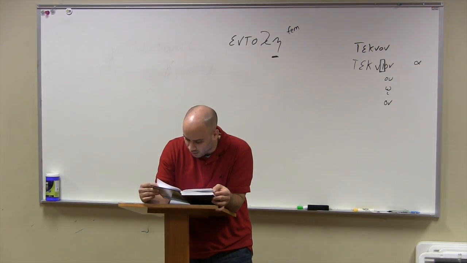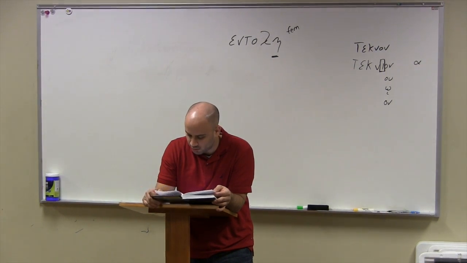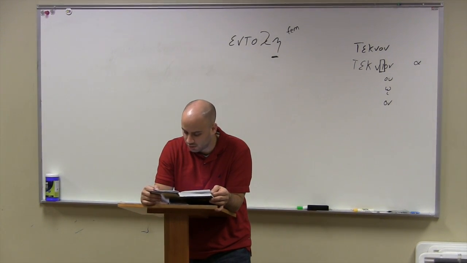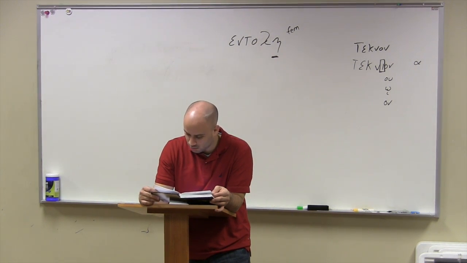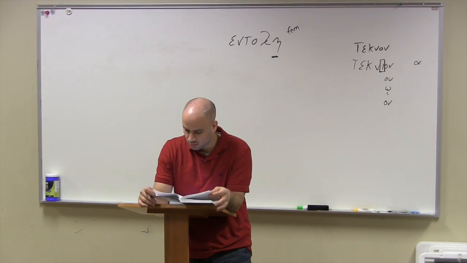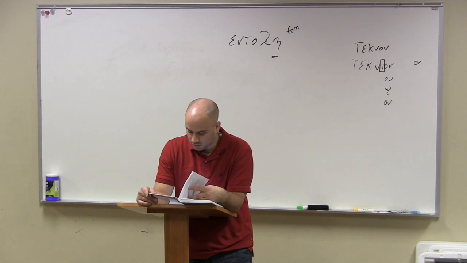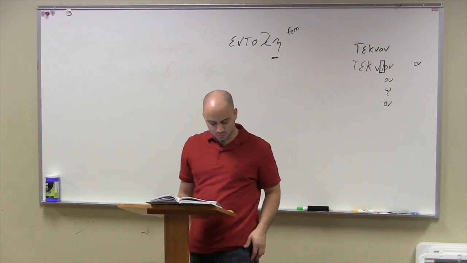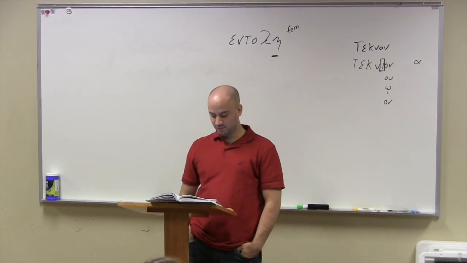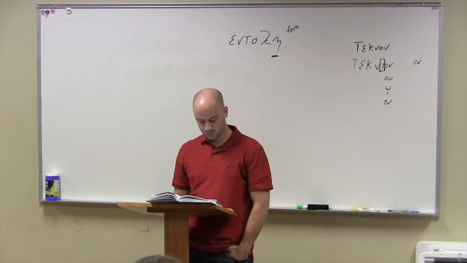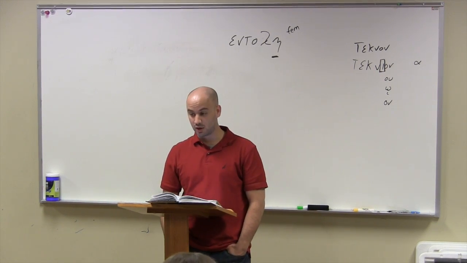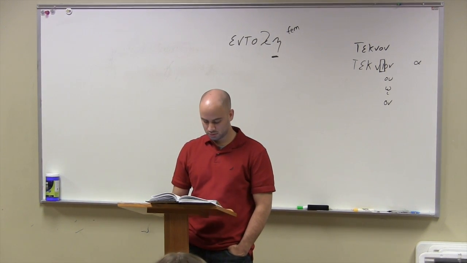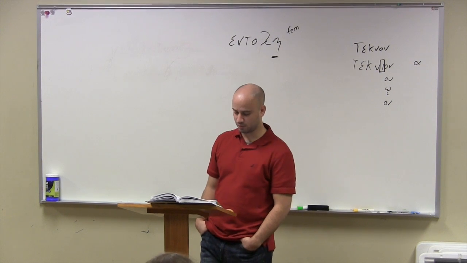Yes it is. Entole. It's commandment, and it is feminine. All right, I don't know where I was looking, I'm sorry. No, that's okay. So, if his commandments, the autou is referring to Christ or God. Does that help? Okay.